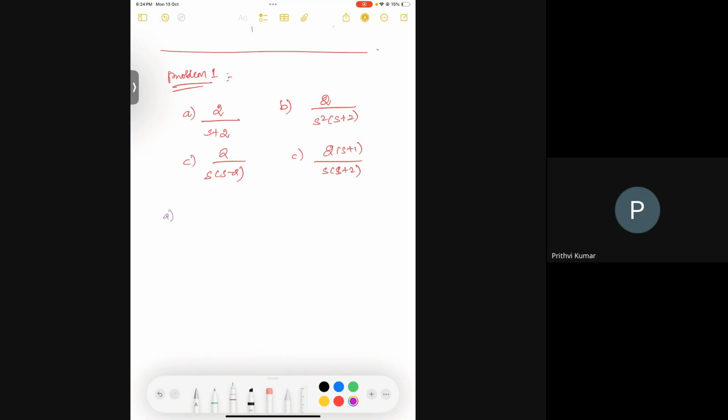So I'll just write the expanded version of this so that it will be easy for you to solve. S cube plus 2s square, c will be s square minus 2s, d will be s square plus 2s, right? So if I expand this again, I will get s is equal to minus 2, 1 pole.